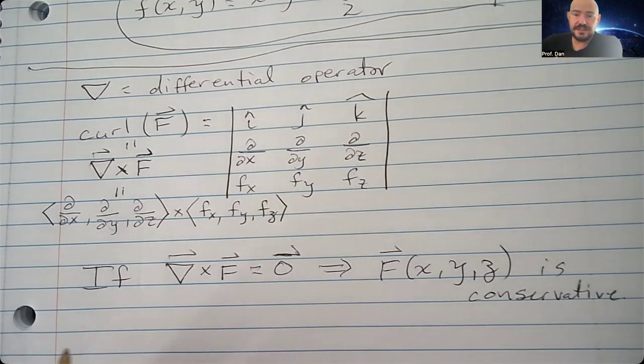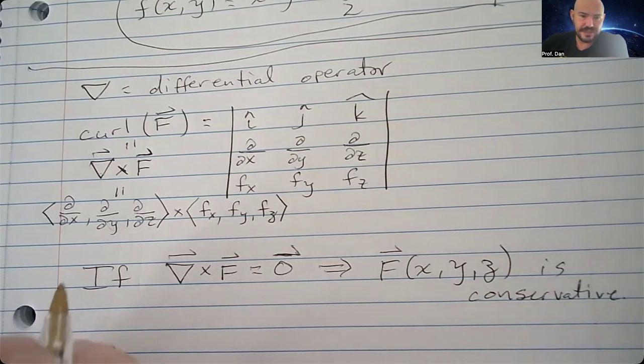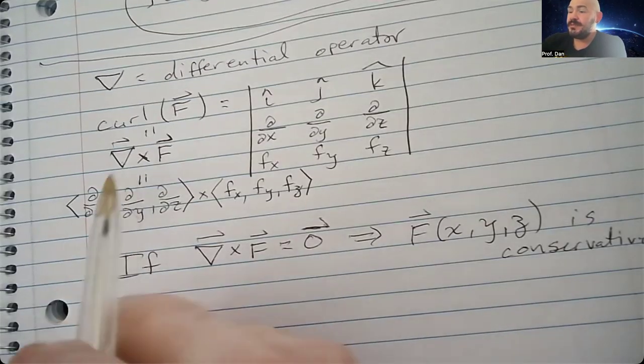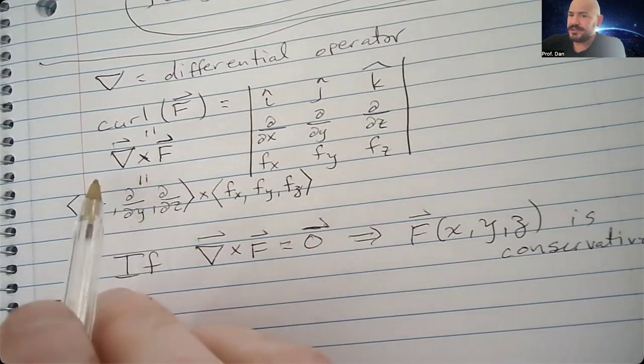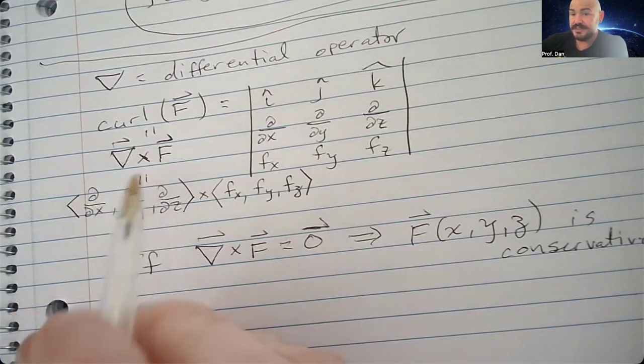And one thing that I did tell you guys at the beginning of the course is that when we're doing anything involving vectors, it's very important for us to figure out if the result we're getting should be a vector or a scalar. And remember, this is a cross product, and the result of any cross product is a vector.